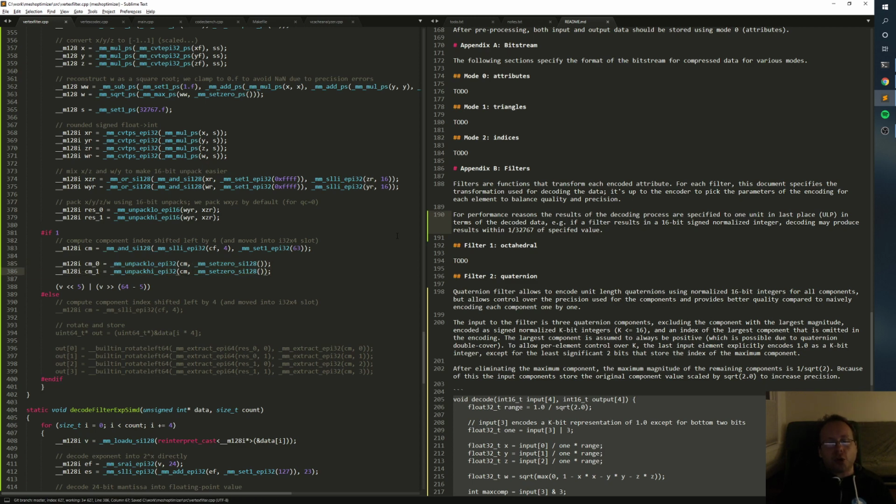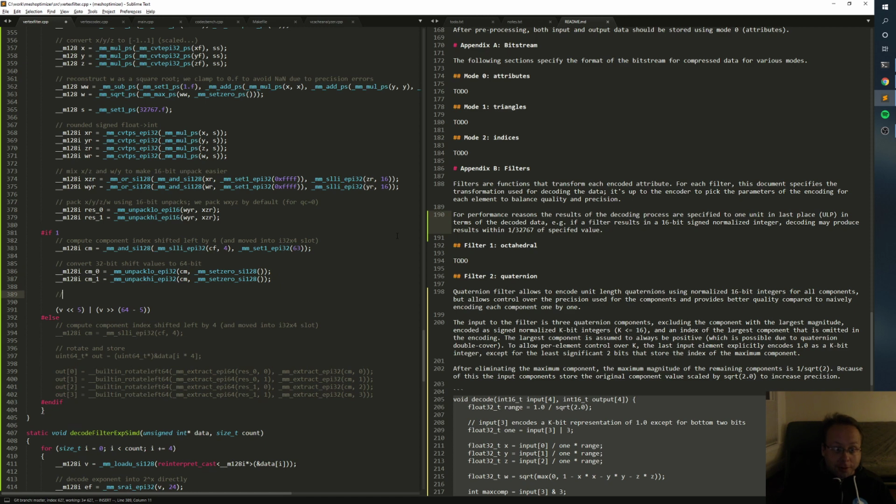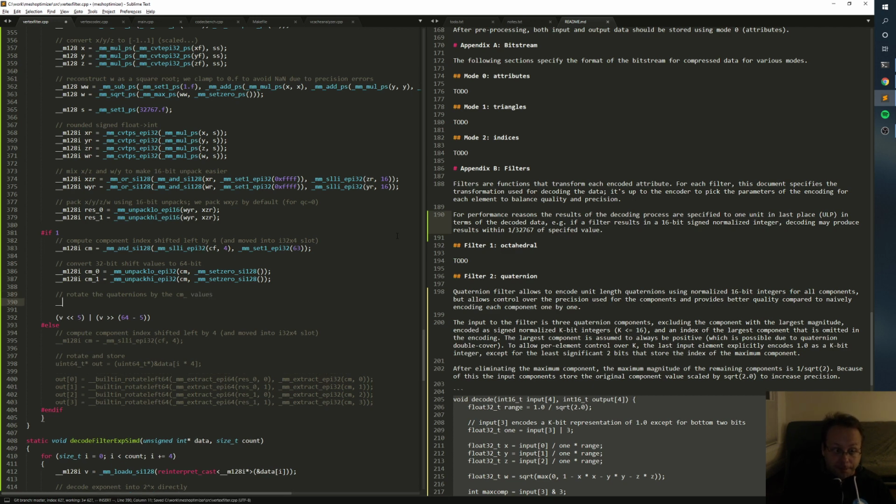So this beautiful code basically moves 32-bit shift values into 64-bit, or converts 32-bit to 64-bit. Now we can use this guy to rotate. However, there's no rotate instruction, there's just a shift instruction. Because of this, we're gonna rotate the quaternions by the CM values manually.